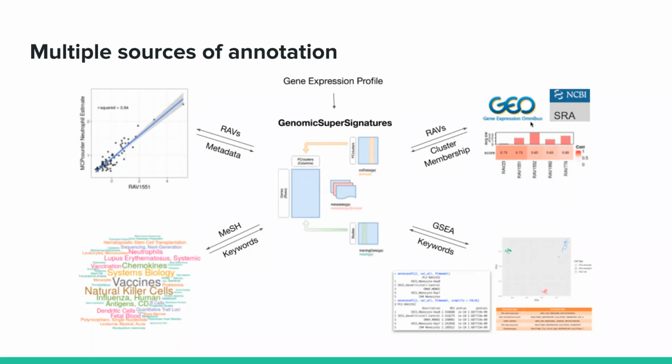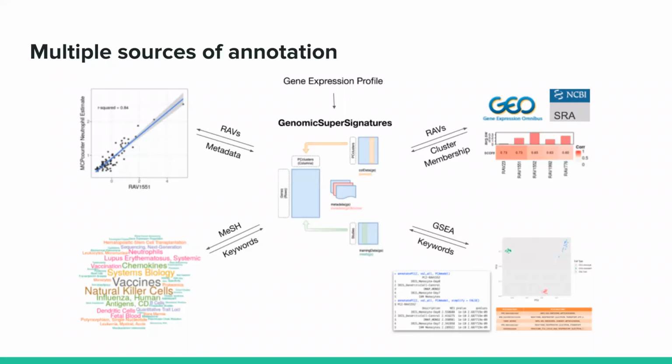So these RAVs are, as part of the model building process, pre-annotated from a couple of sources. One of them is PubMed MeSH terms. So every RAV comes from certain studies.